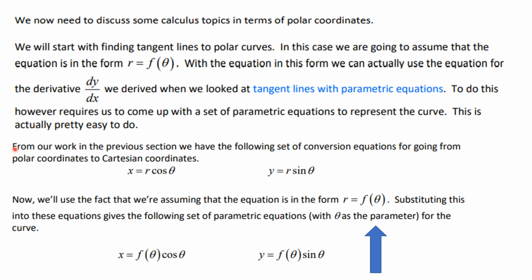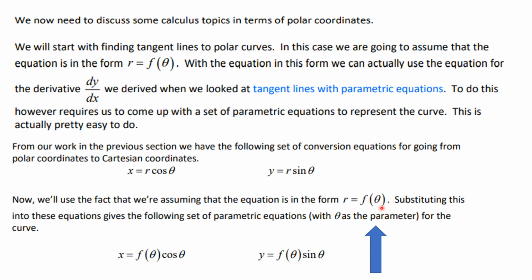Okay. From our work in an earlier section, we have the following set of conversion equations for going from polar coordinates to Cartesian coordinates. x is equal to r cosine theta, and y is equal to r sine theta. Now we're going to use these facts because you've got an r there and an r there, but now we're assuming that r is equal to f of theta.